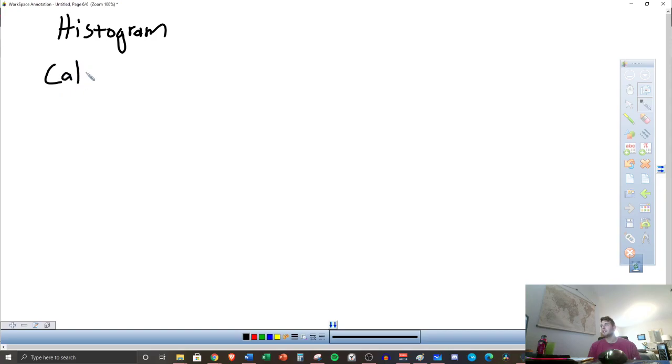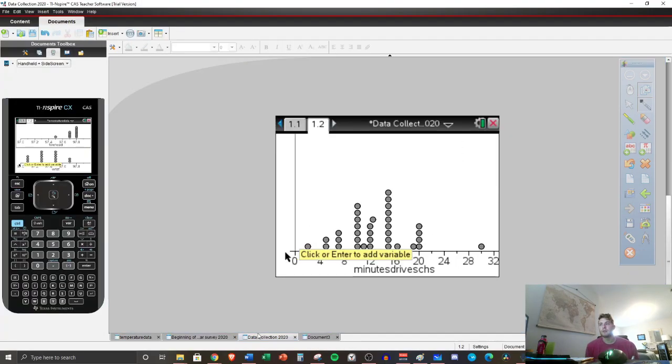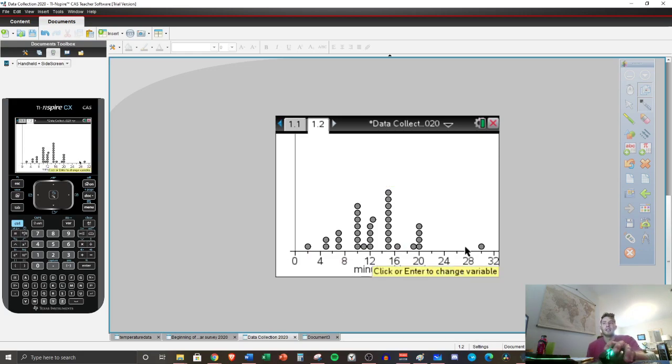So on the calculator, first you want to create a dot plot. So you have the steps for that. I don't have to go through them. So go ahead and go to the dot plot of drive time.